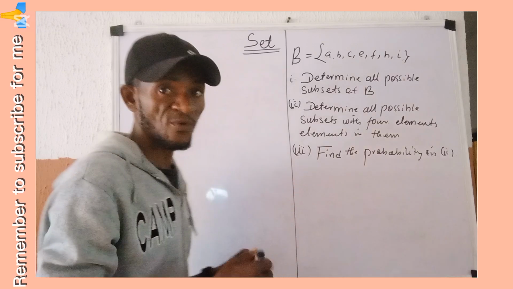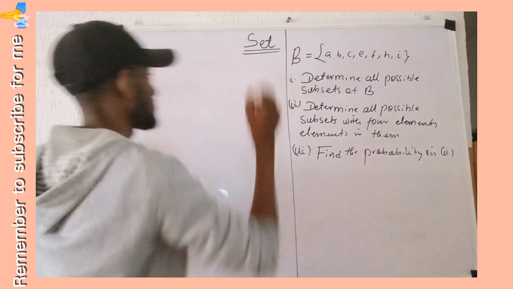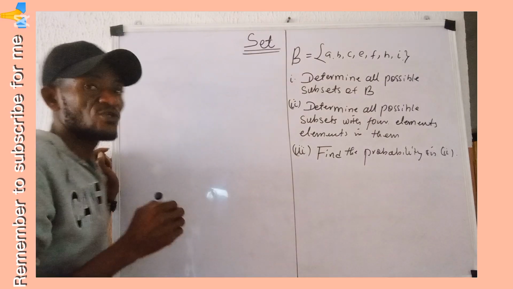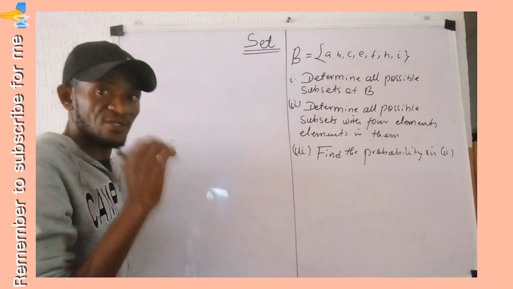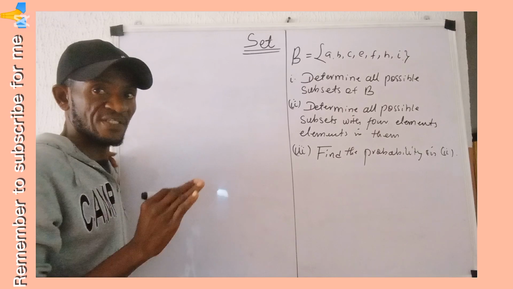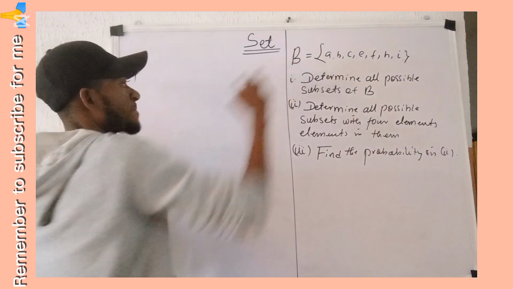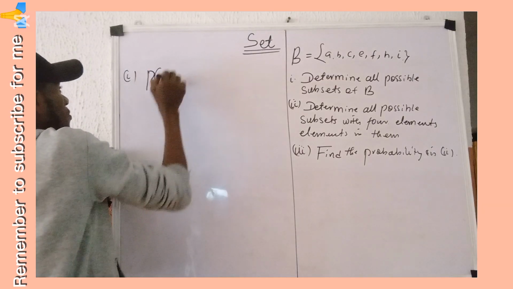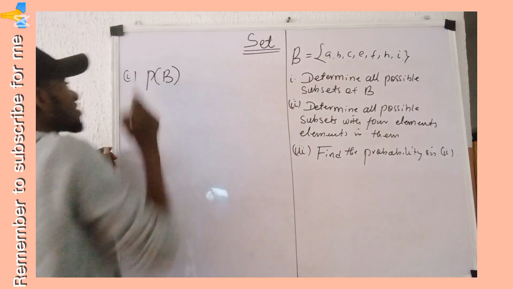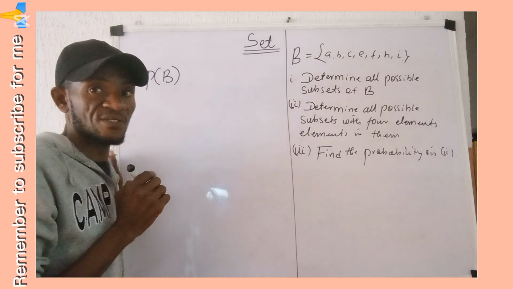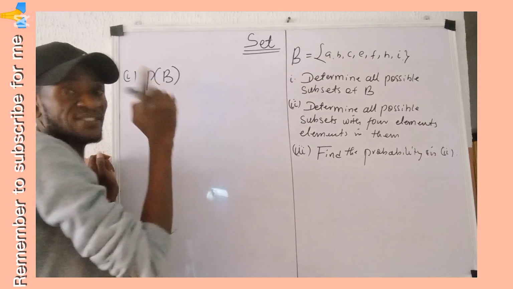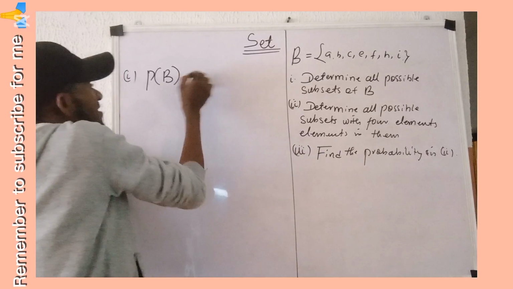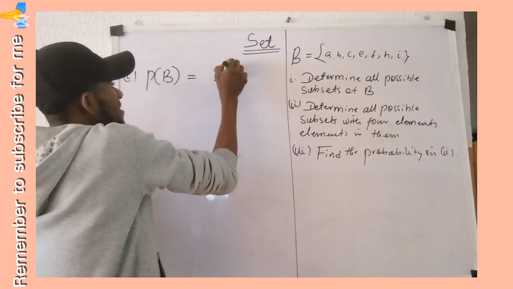However, let us provide the solution to number I. When we talk about power of set B, it is written as P of B. So this is what we are calling the power of sets. And we are particular here because we are saying power of set B. And then this is defined as 2 raised to power what?